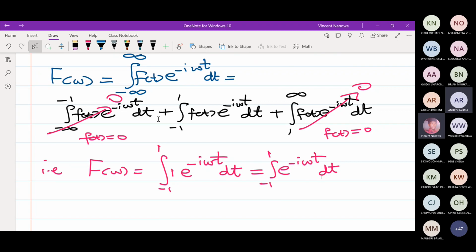And what is the value of that integral? When you integrate e raised power minus I omega t dt, I use integration by u substitution.